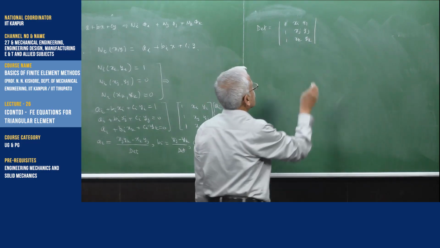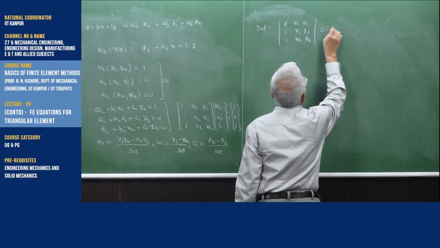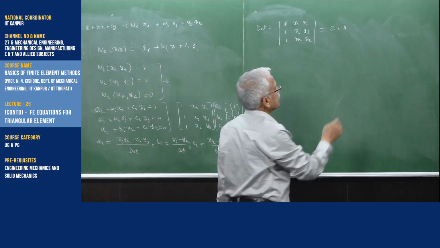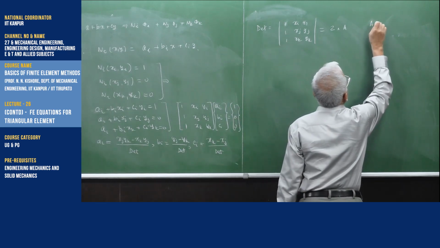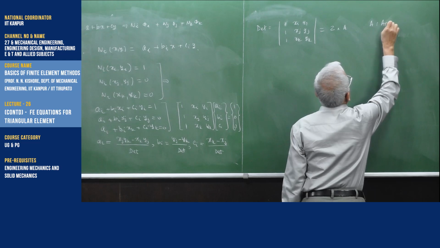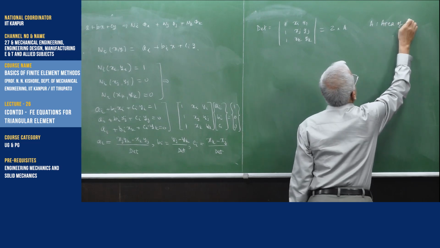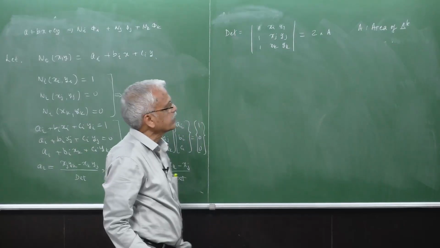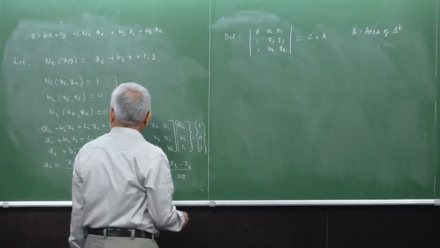If you recall, the determinant of this matrix with rows 1 xi yi, 1 xj yj, 1 xk yk is nothing but twice the area of the triangle. So if you have some means of finding the area of the triangle, you can directly do that.